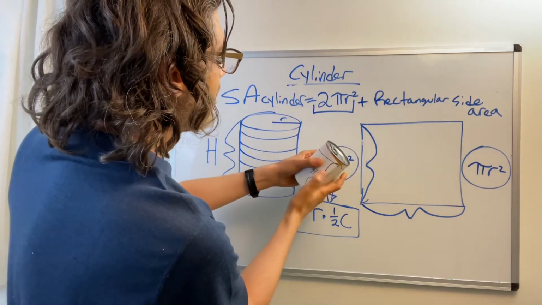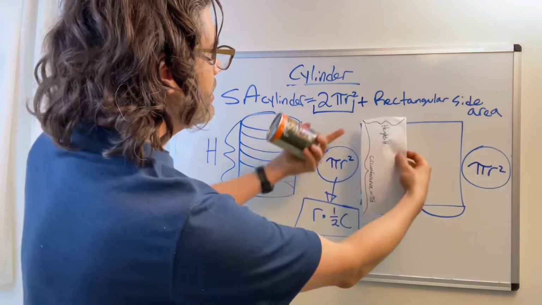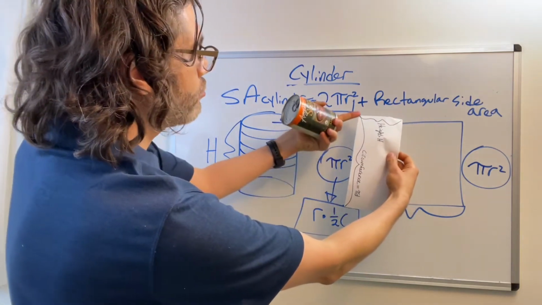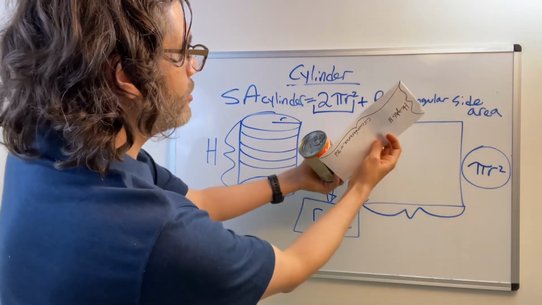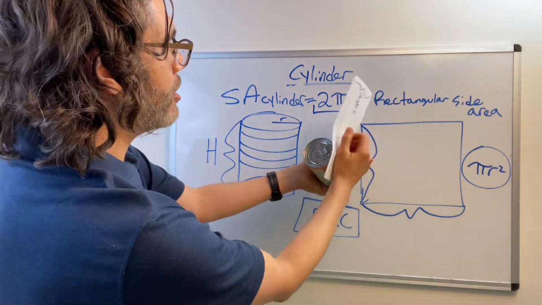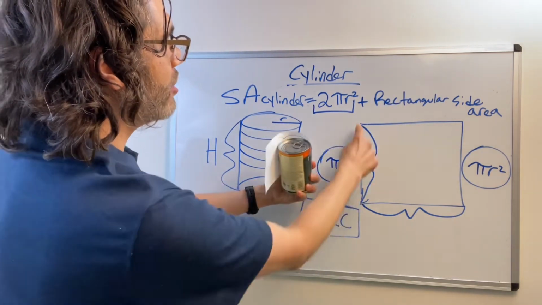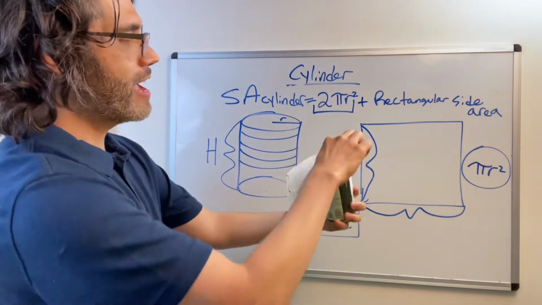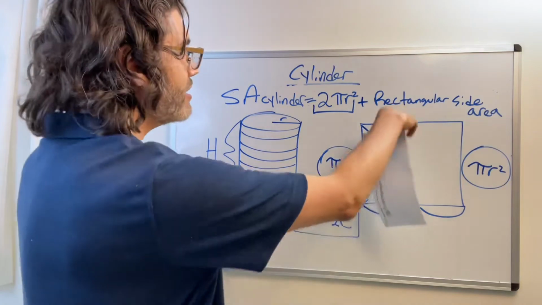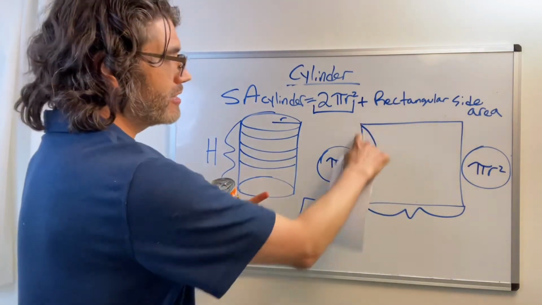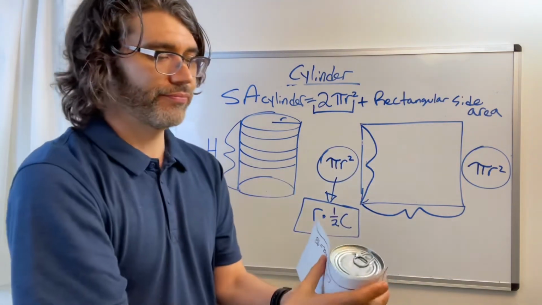This length from here to here is this length, and I'm going to take this length and literally wrap it around the circle. Do you see that the lengths are all the same? The length of this distance is wrapped around the circle.